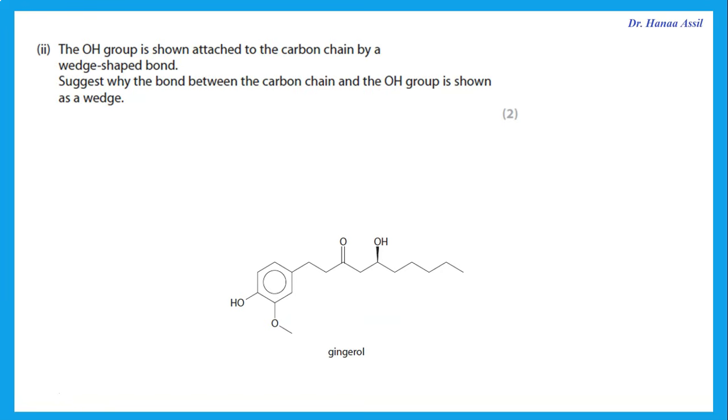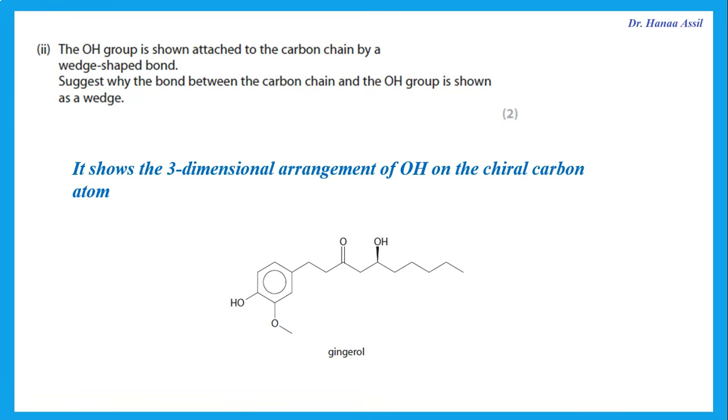Remember that if it is drawn as a wedge, this actually means that that bond is pointing towards us. If it is a bond with dotted lines, it means the bond is pointing backwards. So this wedge is an indication of the three-dimensional arrangement of the OH on the chiral carbon atom.